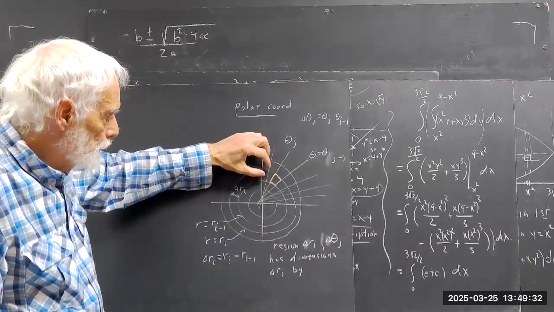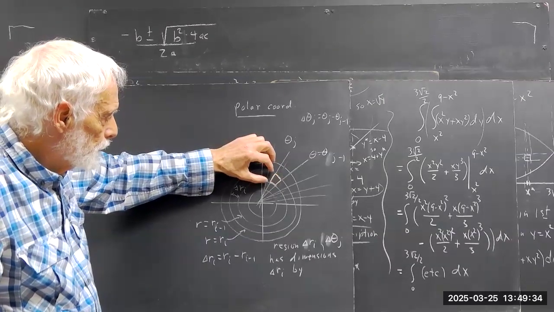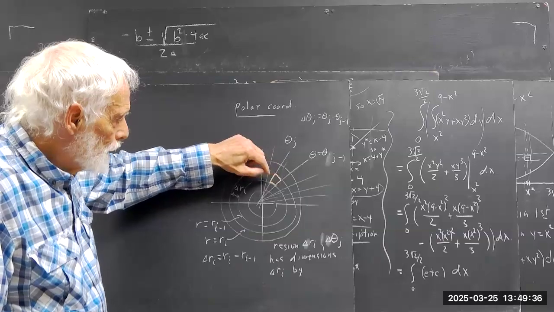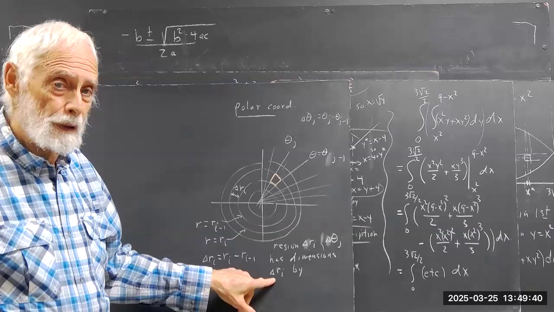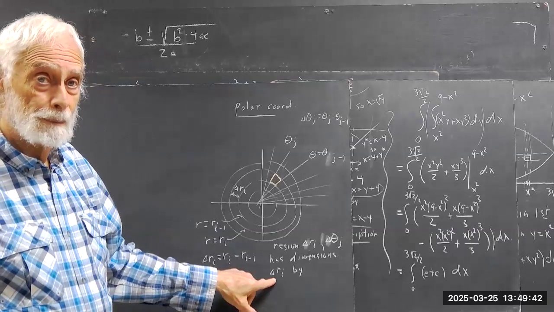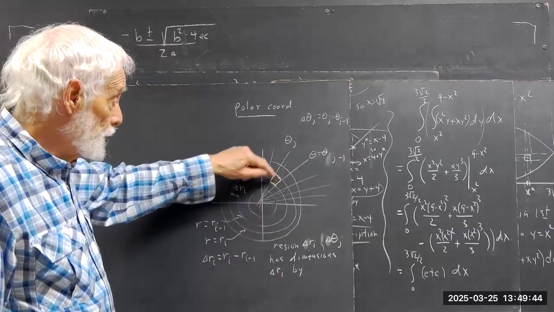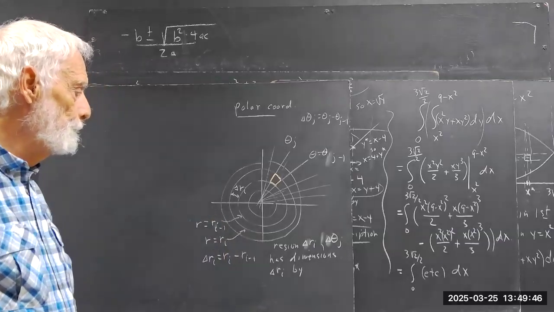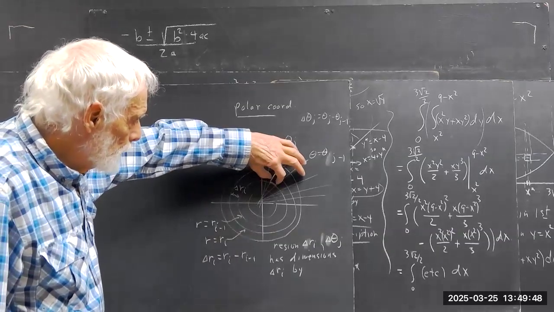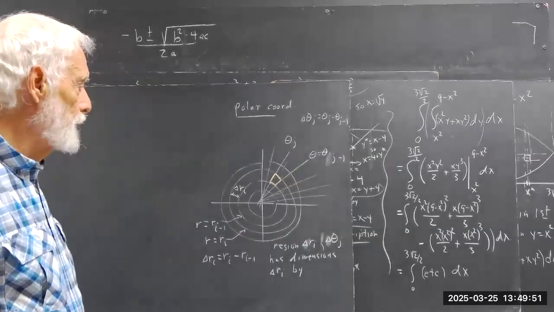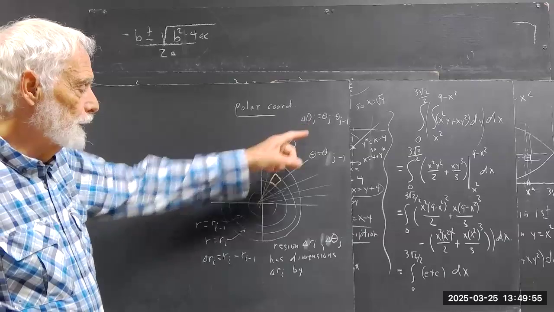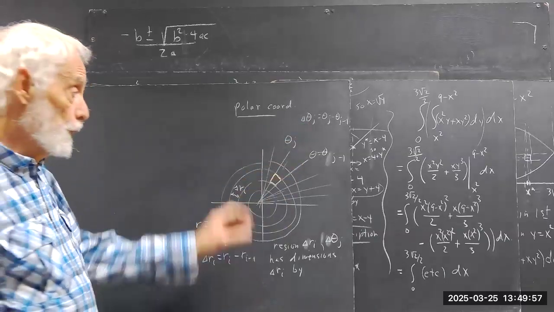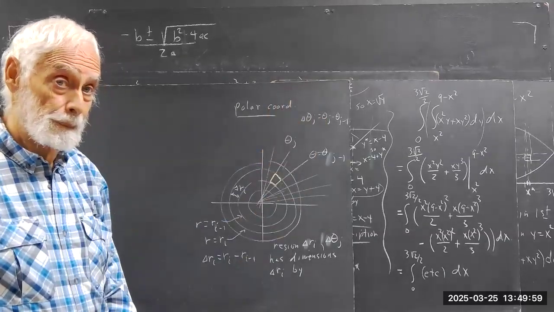The dimensions of this region, this side and this side, are both delta R sub i, the difference in the R's. The width of this region depends on how far out you are. Further out, the bigger the region.